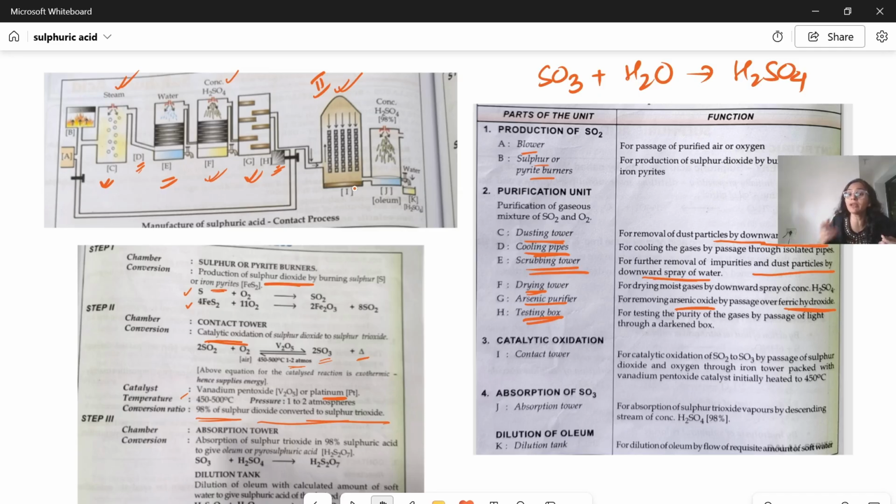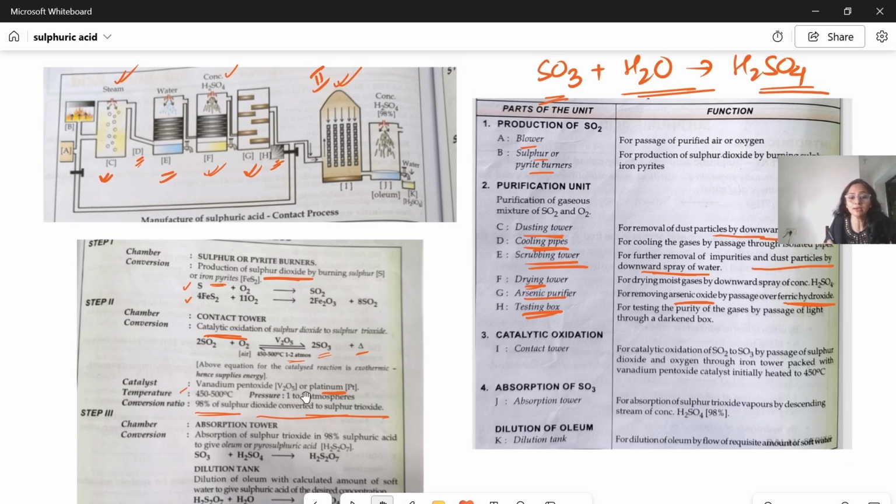So the sulfur trioxide that is formed is not absorbed in water to produce sulfuric acid. What is done is it is absorbed in sulfuric acid, H2SO4, 98% sulfuric acid. Look, the name of this next tower, tower number J, is the absorption tower. So it is absorbed in 98% sulfuric acid.